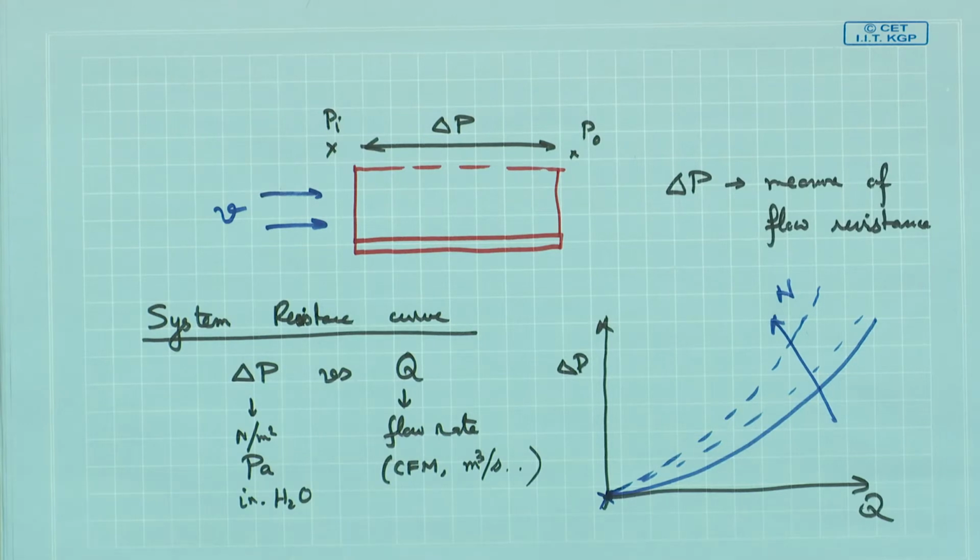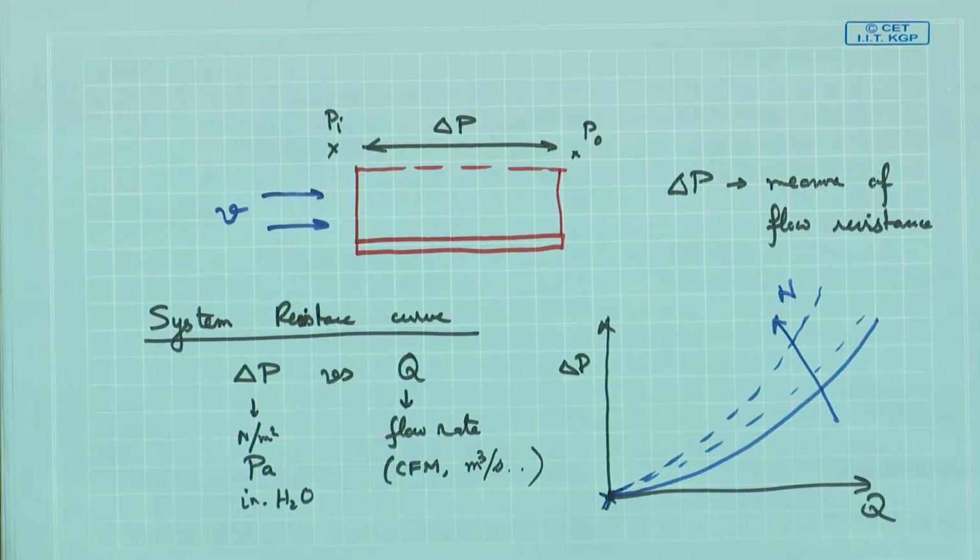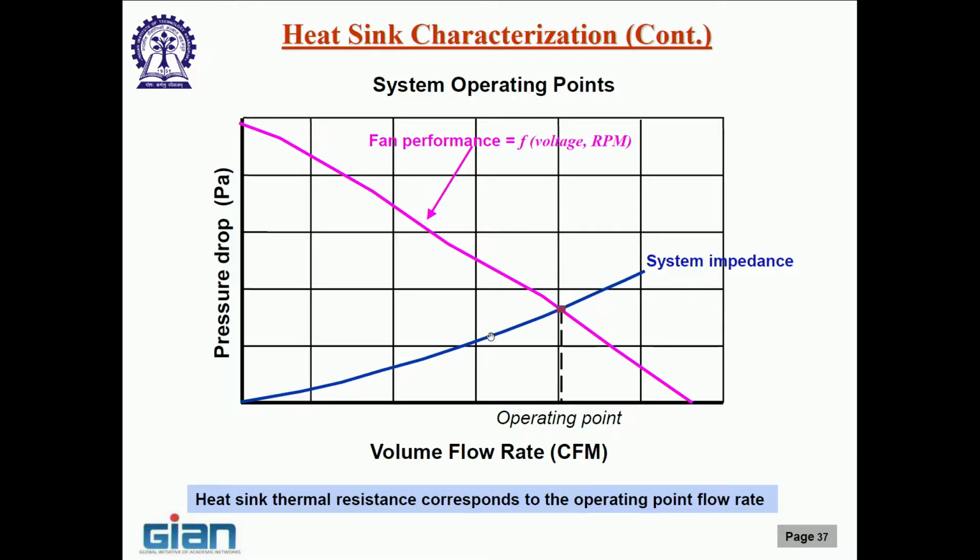So, this is what I am showing over on this slide. If I take any heat sink, or for that matter any system, this is the system resistance or system impedance curve given by blue. Clear?